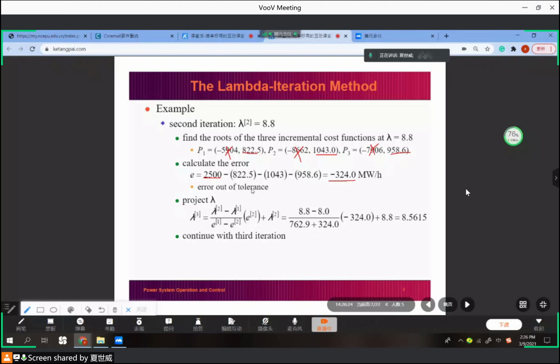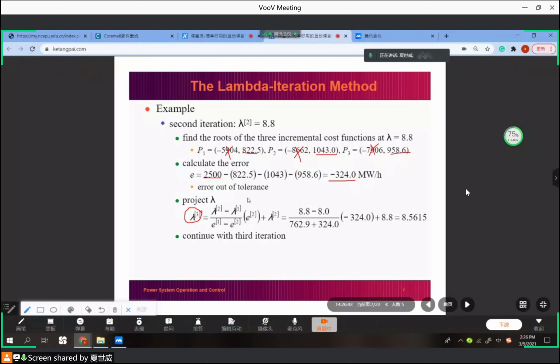So using the extrapolate or interpolate method to find the new solution of lambda, it will be lambda 2 minus lambda 1 over E2 minus E1, multiply E2, plus lambda 2.